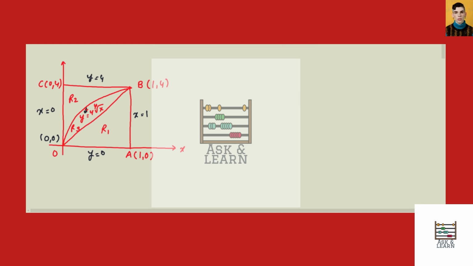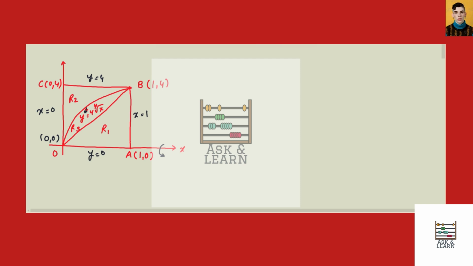So how do we understand it? We want the volume generated by rotating the given figure. We are rotating in this way, that is about the y-axis. We can say that this is the area, and we want R2 only.